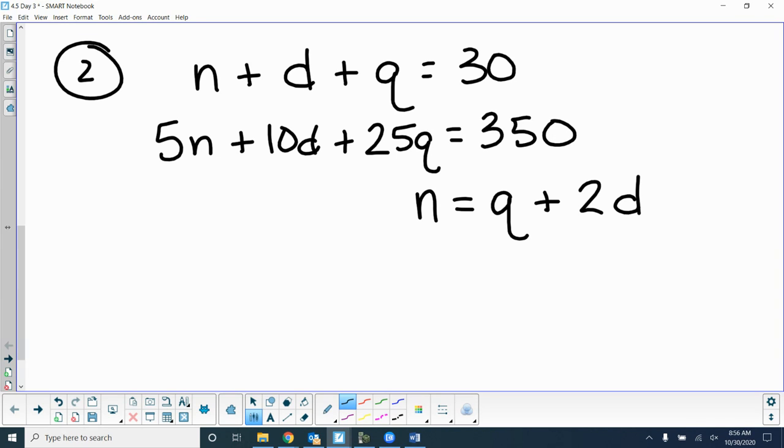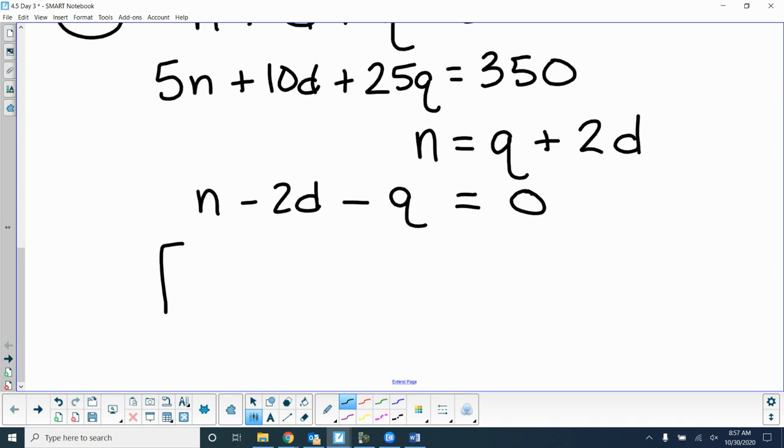Now, before I do my matrix, what must be true about my N's, my Q's, and my D's? You gotta line up. So what do I gotta do with the Q and the 2D? Bring them over, right? So this would be N minus 2D minus Q equals what? 0. There's nothing there, right? So we put 0. So that's our third equation once everything's lined up. So my A matrix this time is a 3 by 3.